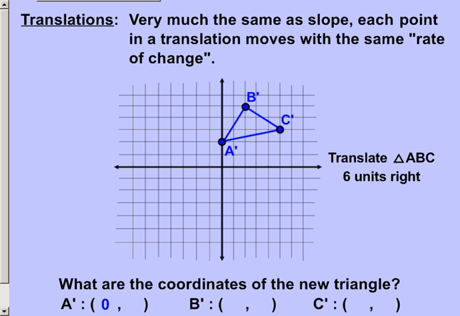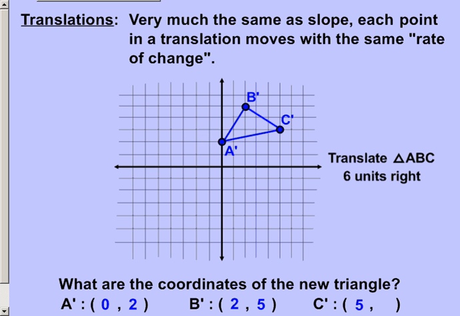As we said, A prime lines up with the x-axis at the origin, that's 0, and A prime is on the y-axis at positive 2, so obviously it is at 0, positive 2. B prime lines up with the x-axis at positive 2, and then it lines up with the y-axis at positive 5.